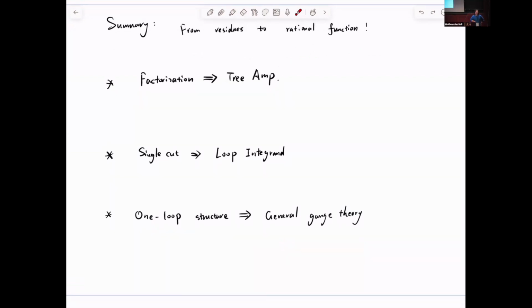Can you uplift your perfect one-loop integrand of gauge theory to a gravitational one, maybe for gravity plus B field plus dilaton? I think now we cannot. The perfect integrand we're talking about at one loop, we already have the results, but we do not know how to uplift.